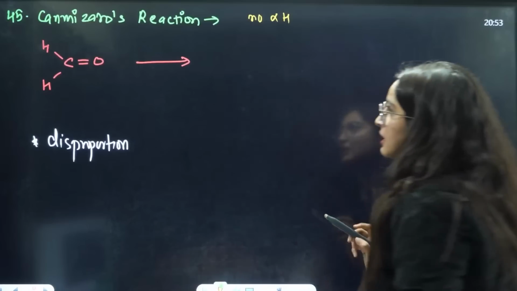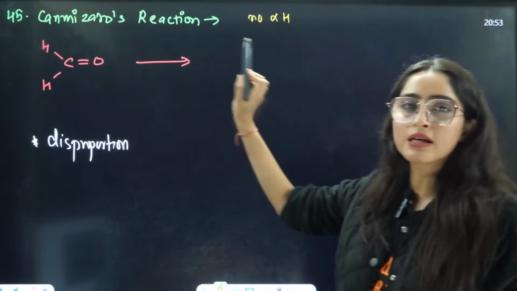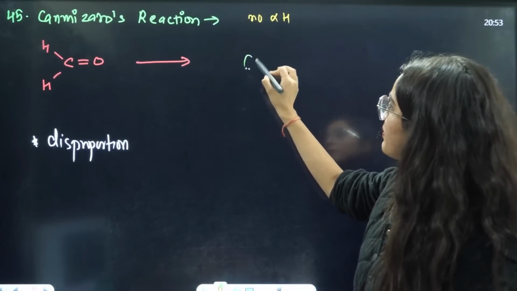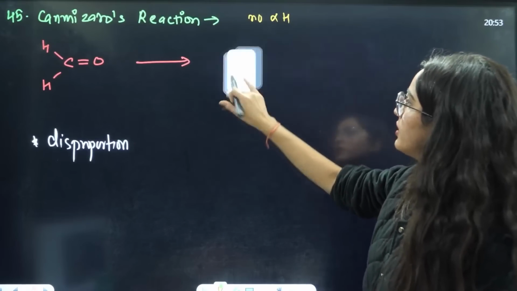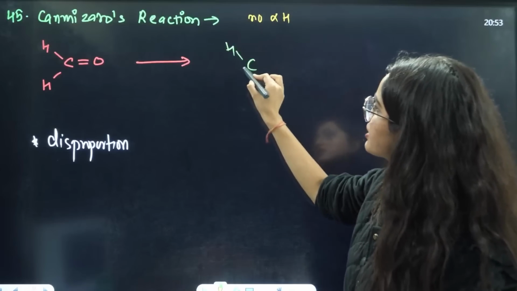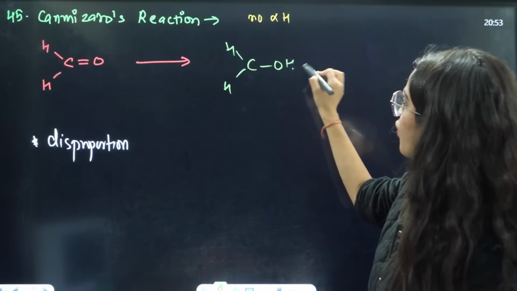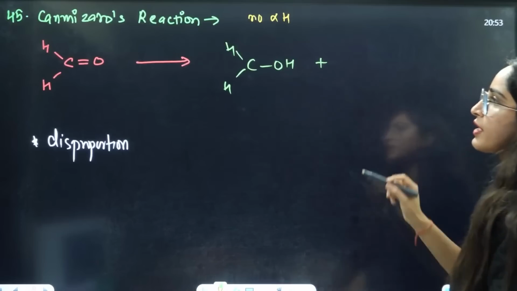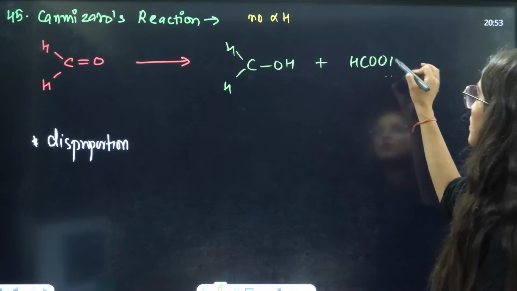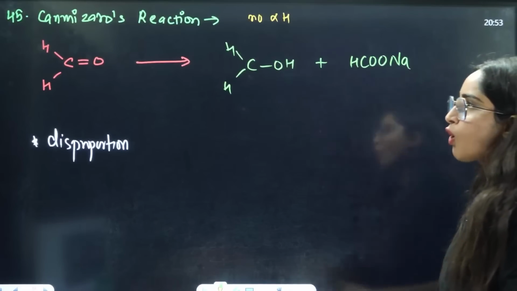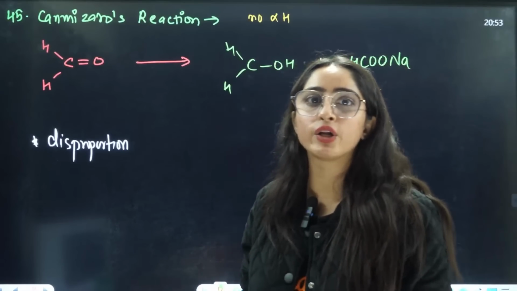What will happen? One molecule is converted to an alcohol with the same number of carbon, you have C, this is H, this is H, this is converted to alcohol. Then the other is converted to the sodium salt or potassium salt, whatever you are adding.